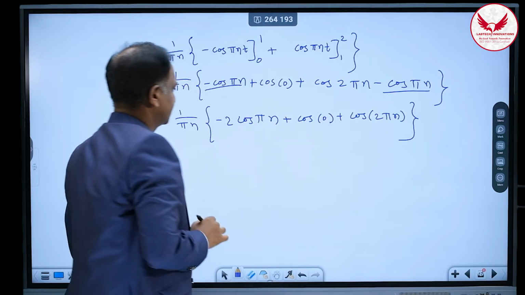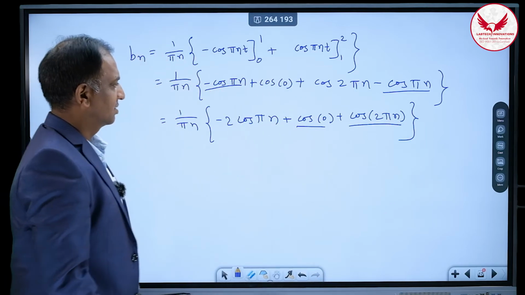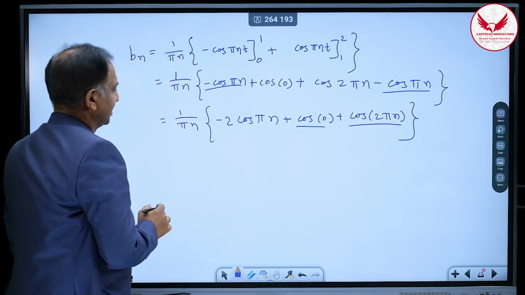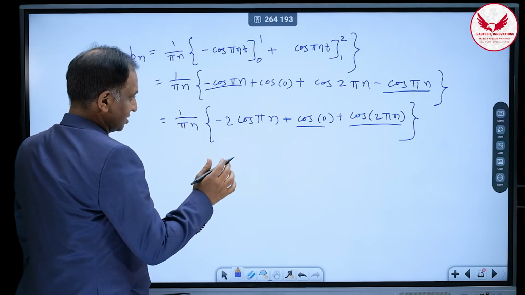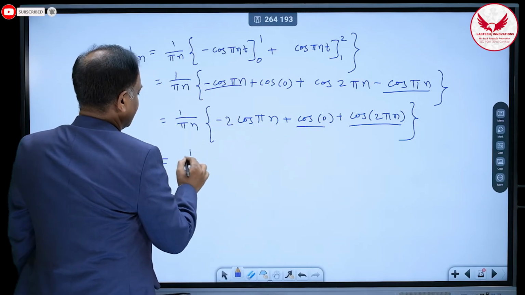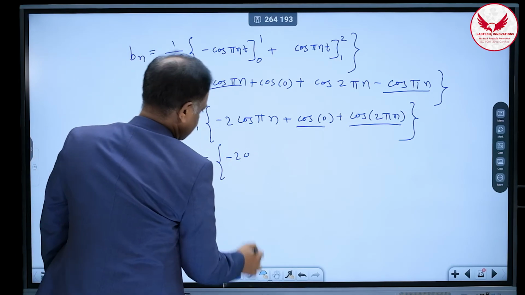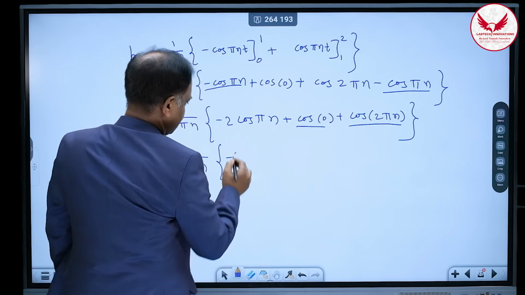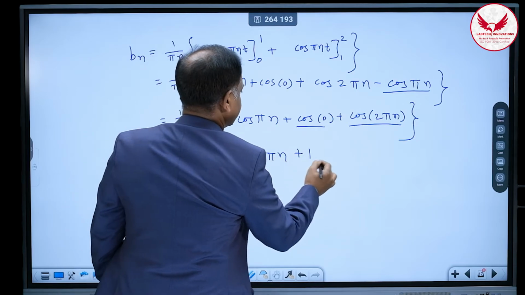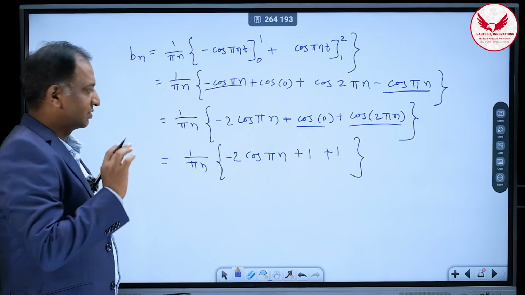If you look at the values, cos 0 is 1, and cos of 2 pi n is also 1. So this is equal to 1 upon pi n into minus 2 cos pi n plus 1, again plus 1. Cos 2 pi n is 1 and cos 0 is 1. Already I have shown you the table.